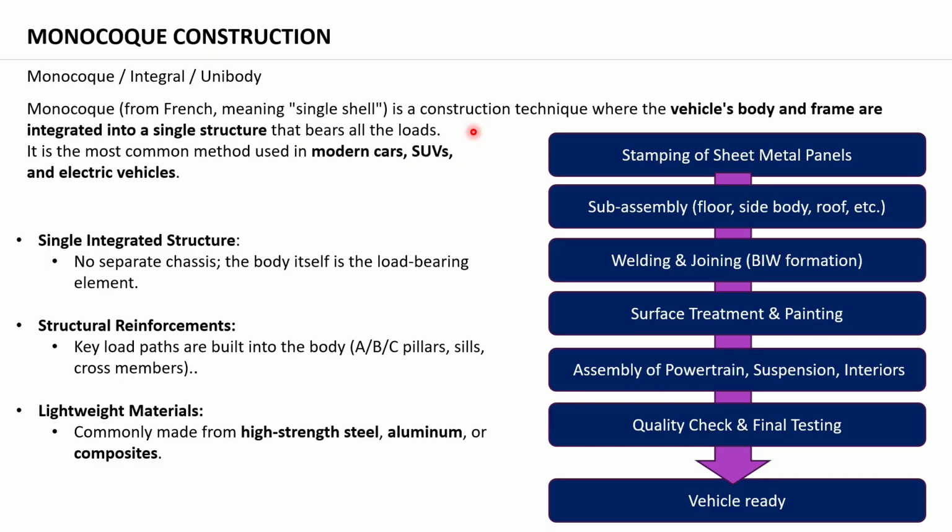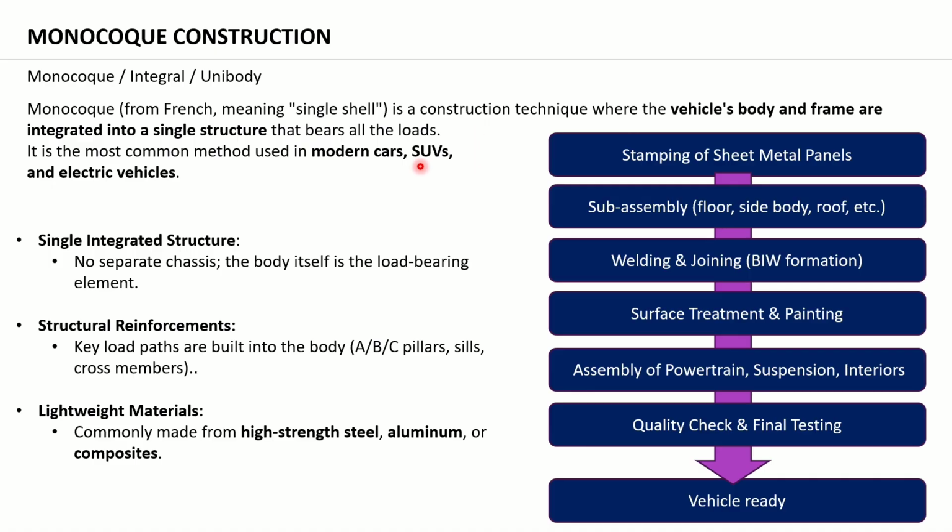Simply, the process of this construction is stamping of sheet metal panels, then sub-assemblies like the floor, side body, roof and so on are assembled. Then welding and joining of all these parts, then surface treatment and painting, then assembly of powertrain, suspension, interior and exterior parts, then quality checks and final testing, and the vehicle is ready.